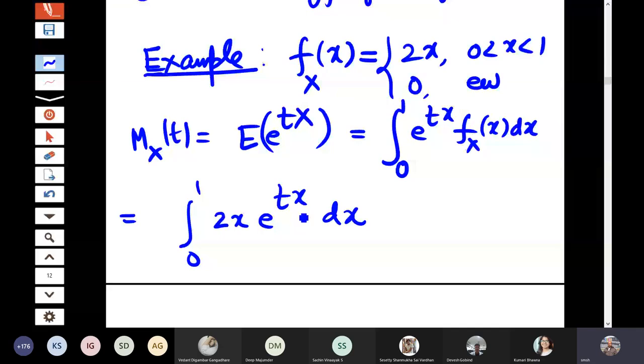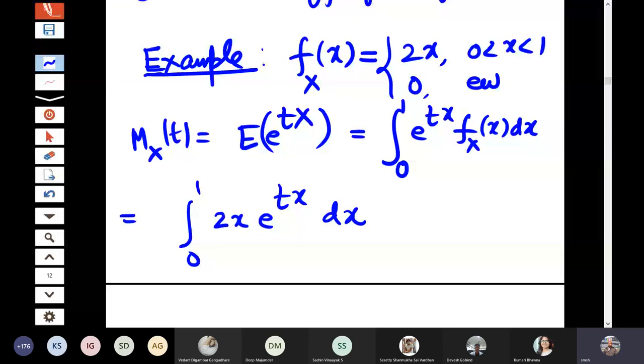As you can see, this is an integral over a finite range of a finite function. Therefore, this will always exist, and the evaluation can be done easily in 2 steps by integration by parts.